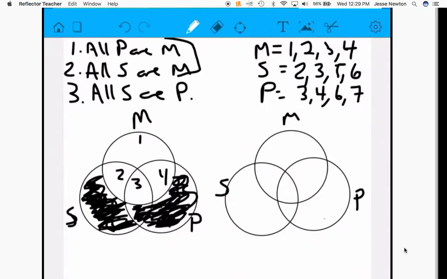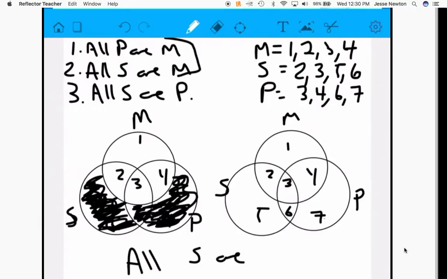So now we're going to diagram, and we can number them if we want, 4, 5, 6, 7. We're going to diagram the conclusion. All S are P, and S is 2, 3, 5, and 6, and P is 3, 4, 6, and 7.